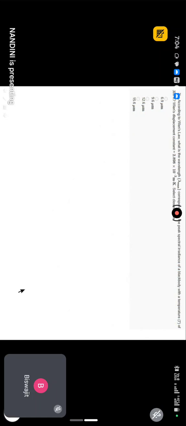Okay. So according to Wien's law, what is the wavelength corresponding to the peak spectral irradiance of a black body with a temperature T of 300 Kelvin? Wien's displacement constant is 2.898 into 10 raised to minus 3 meter Kelvin. So, do you know what is Wien's displacement law? Lambda max into T is equal to a constant.